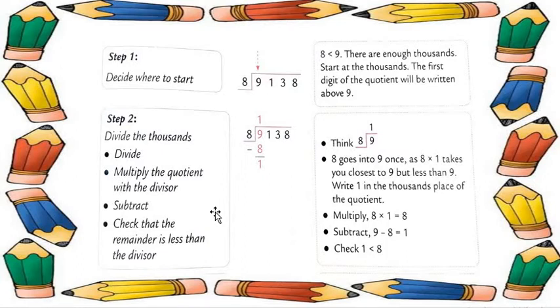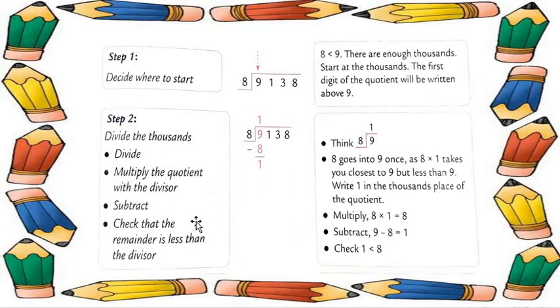Dividend. The dividend is inside the box. Outside the box, it's called the divisor, and above the box, it's called the quotient, and below the answer is called the remainder.